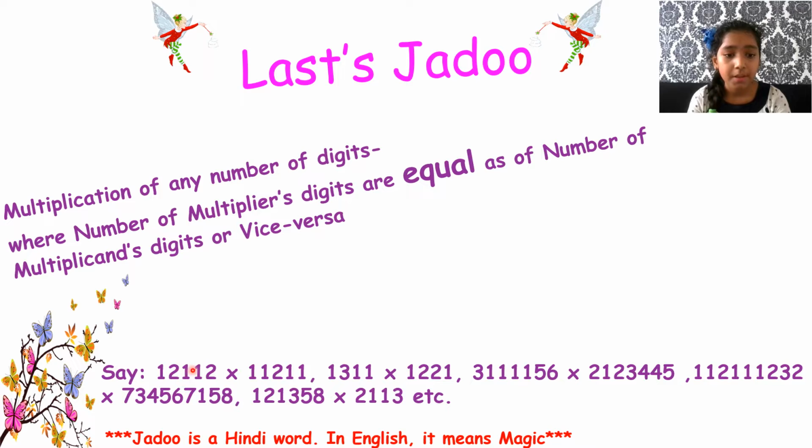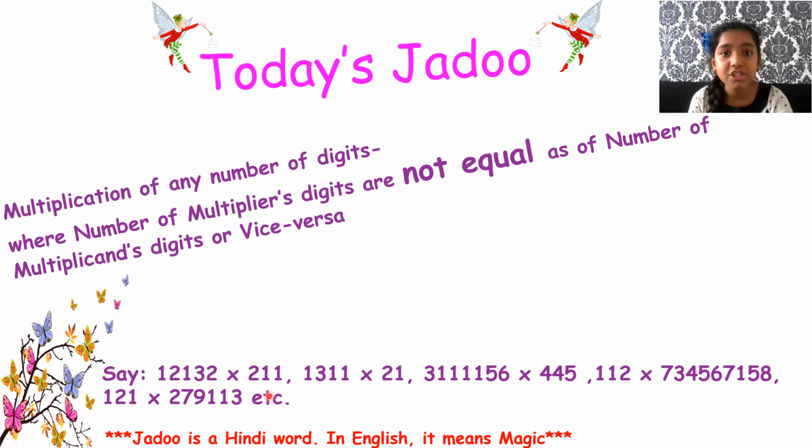Just to inform, this number is called the multiplier and this number is called the multiplicand. So if you see here, this number has 5 digits and this number also has 5 digits, so both are equal. Now, today's Jadoo.